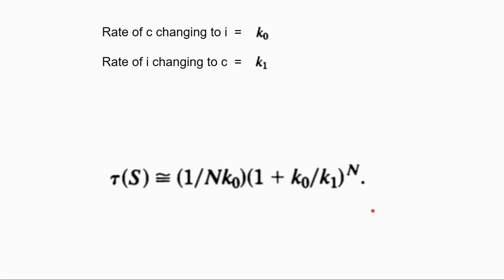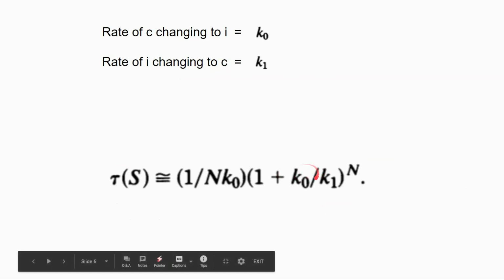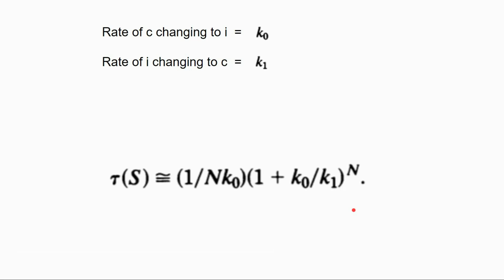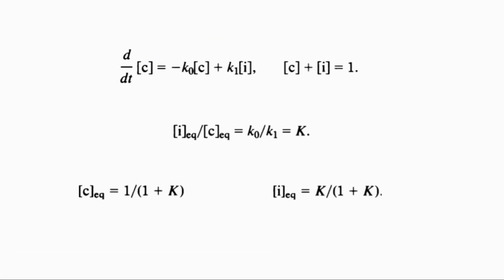How we got this, we'll come to that, but let's explore this equation a bit more. So instead of writing this in terms of k0 and k1, we can actually write it in terms of an equilibrium constant. Why, we'll get to in a minute.